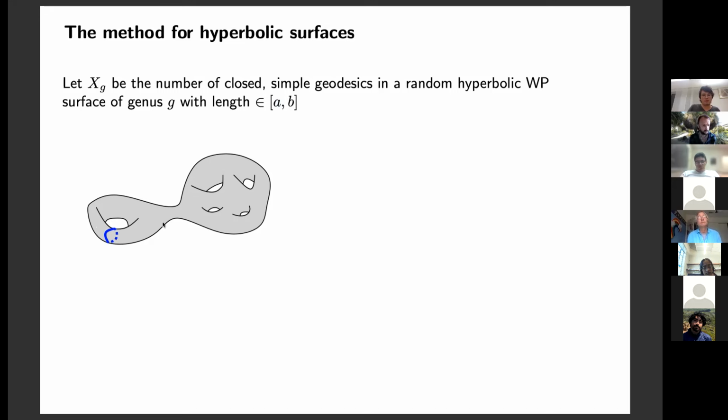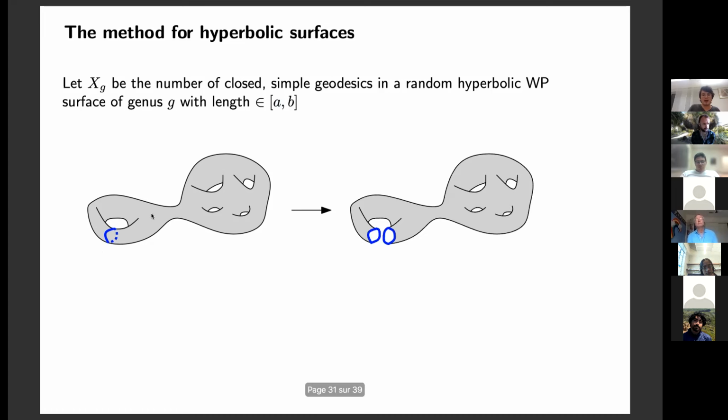It's not going to be a separating curve, meaning I can cut this surface along this curve, and I will always obtain a surface that has two geodesic boundaries, and so the genus is going to be G minus 1.